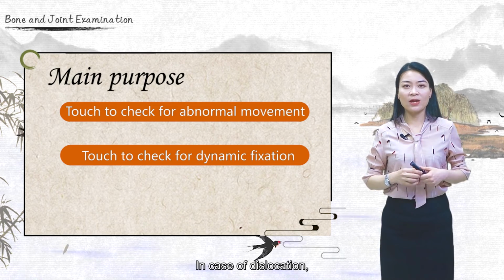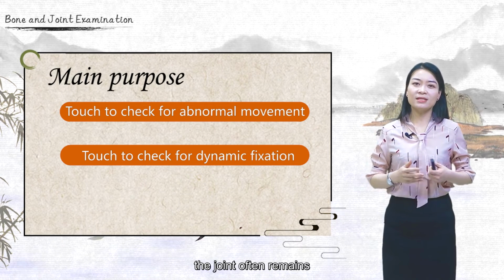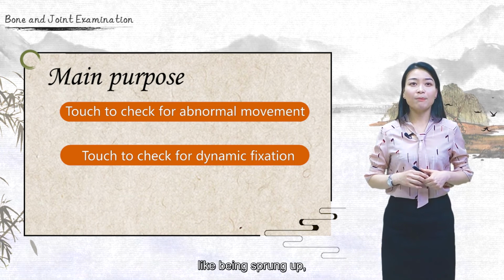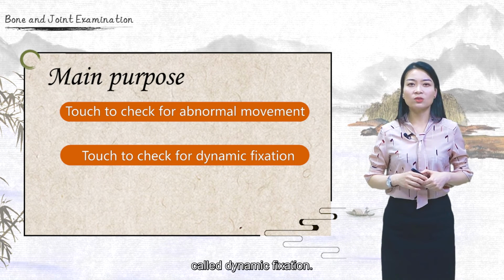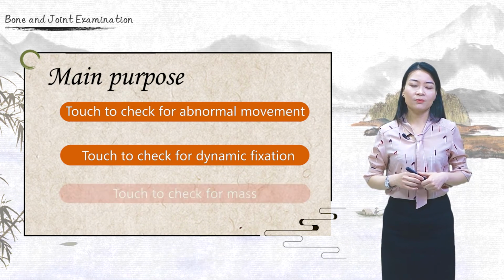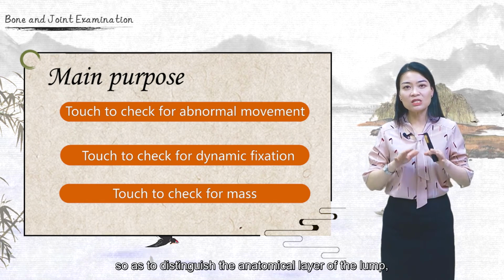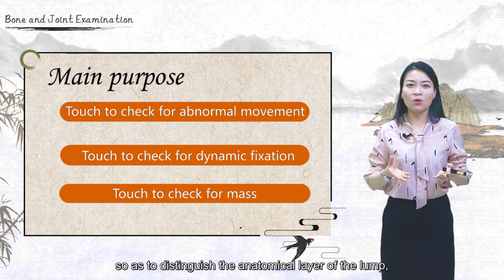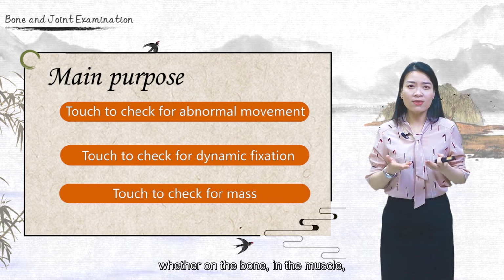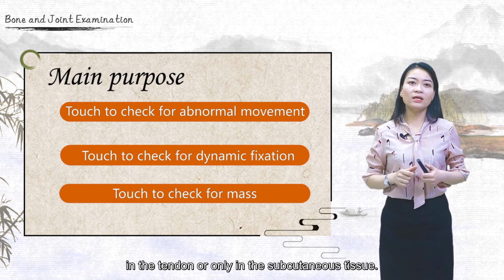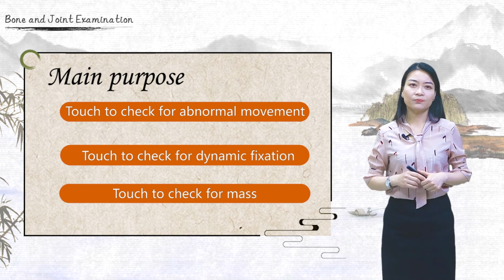In case of dislocation, the joint often remains in a special position of malformation, like being sprung up, called dynamic fixation. Finally, we touch to check for lump, so as to distinguish the anatomical layer of the lump, whether on the bones, in the muscle, in the tendon, or only in the tissues.